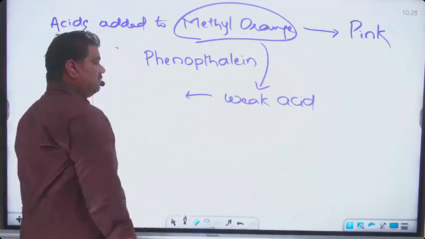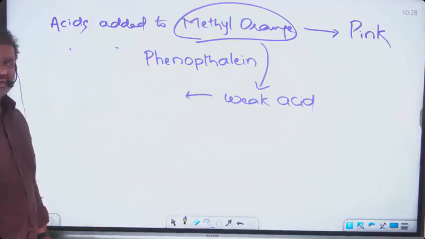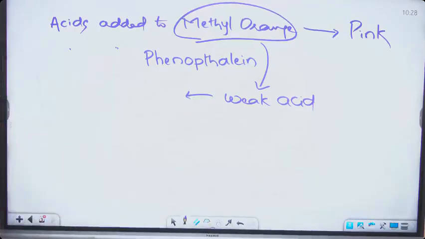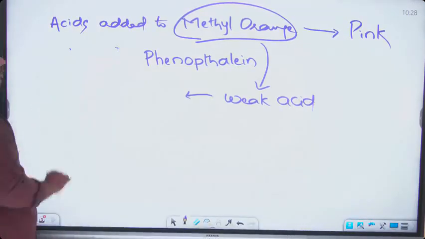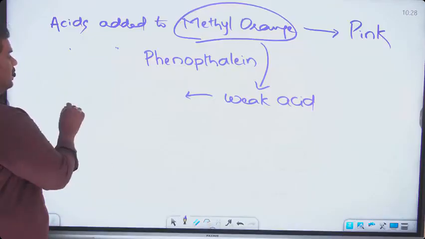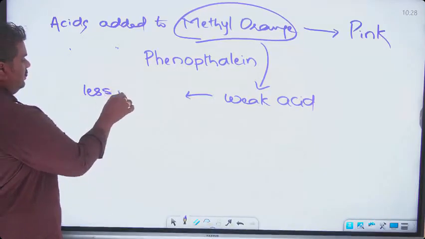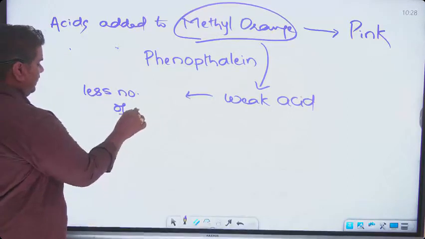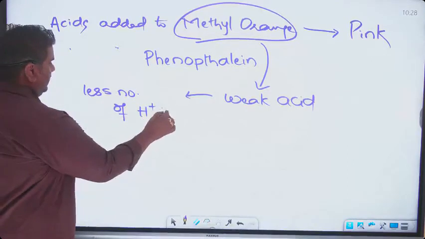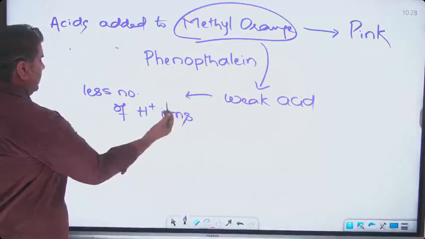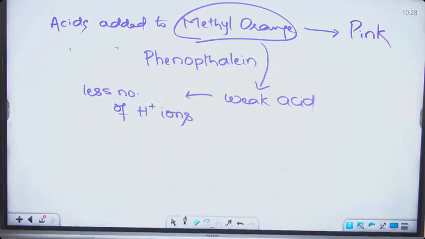So in general we say acids are of two types. One is a strong acid and the other one is a weak acid. Now, what do you mean by weak acid ani annappudu, any acid which has less number of H plus ions is known as a weak acid.